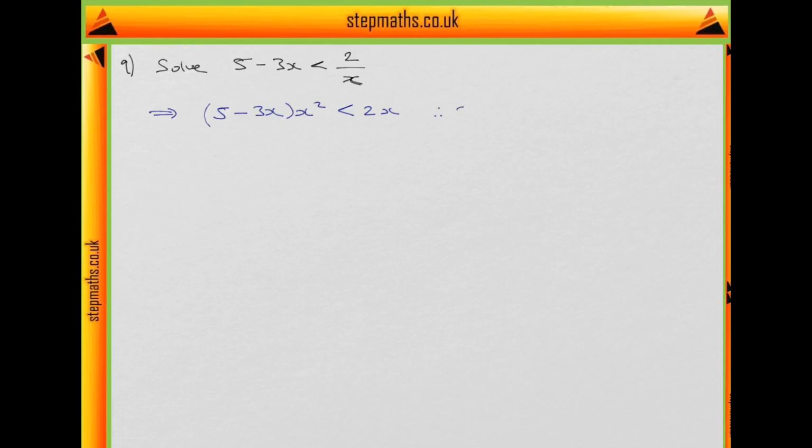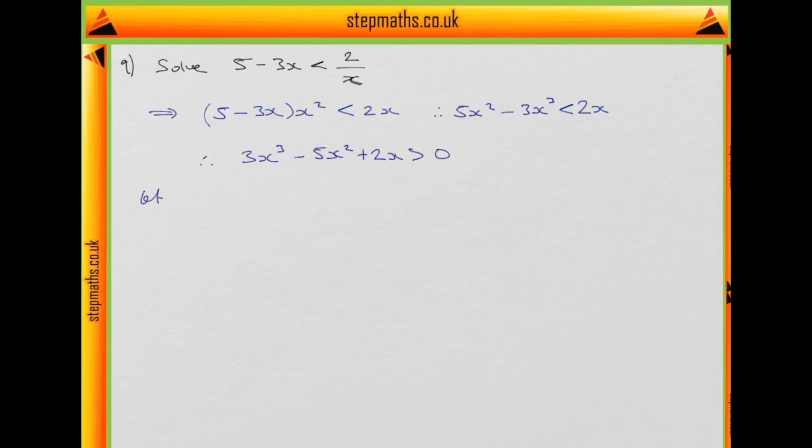And therefore 5x squared minus 3x cubed is strictly less than 2x, or 3x cubed minus 5x squared plus 2x is strictly positive. Okay, well somehow we need to find values of x for which it's going to work. And a hint will be, this is a non-calculator paper, and so we're going to presume that it has nice roots.